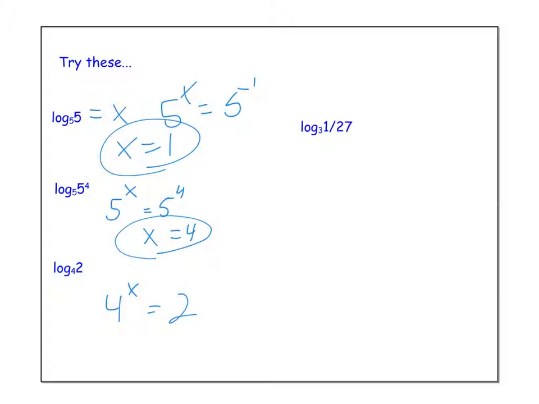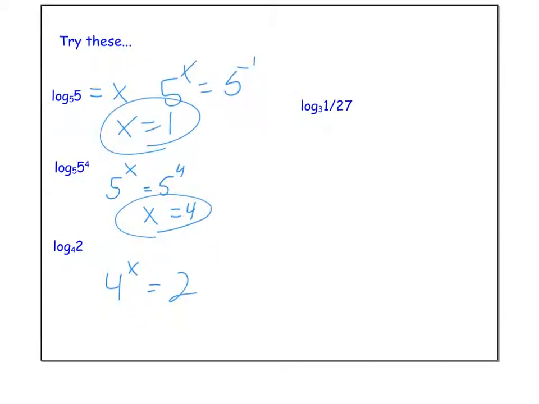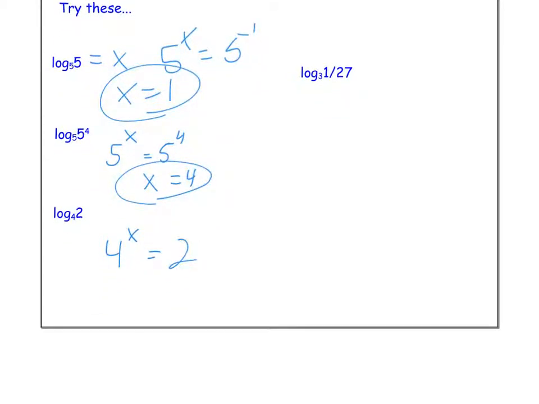Well, this is kind of interesting now, because 4 to the 0 power is 1, 4 to the 1 power is 4. We need to figure out how we can create common bases. Well, 4 can be written with a base of 2 squared, to the x power equals 2.